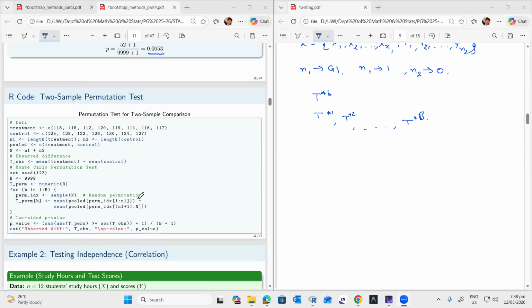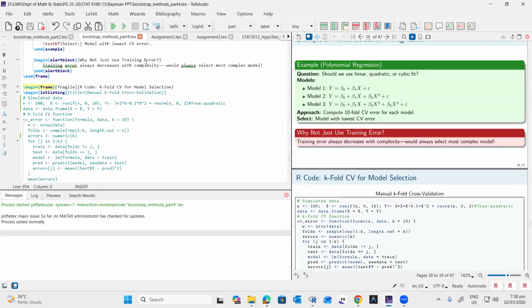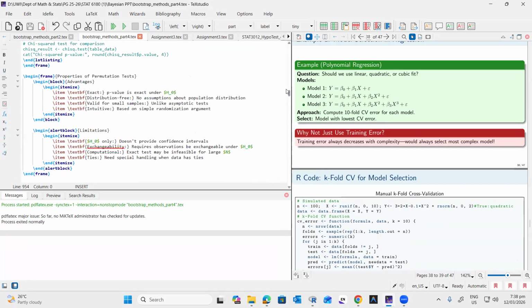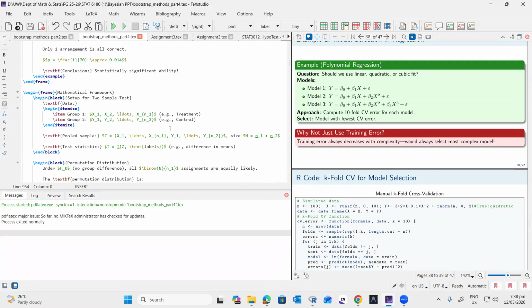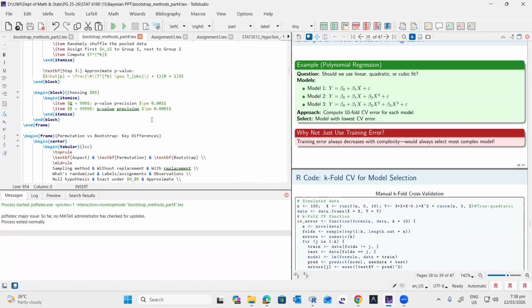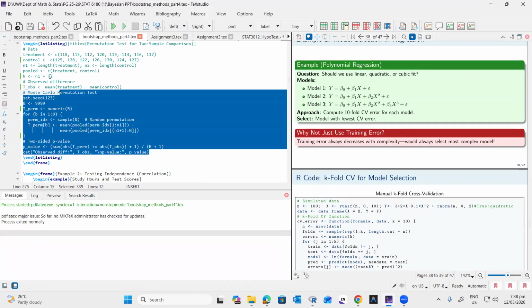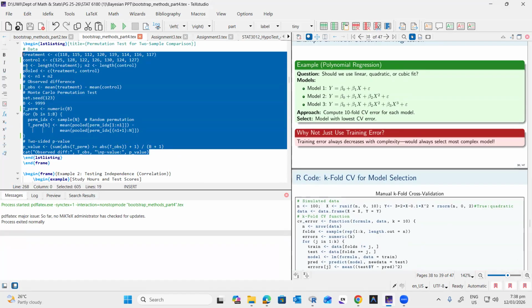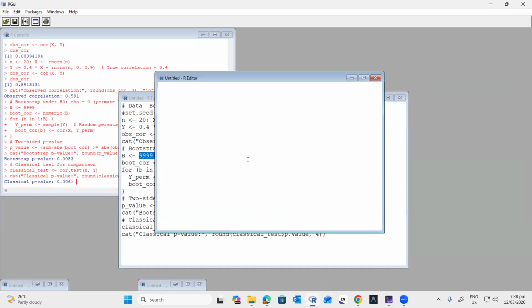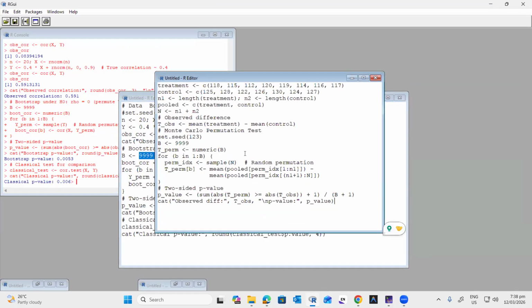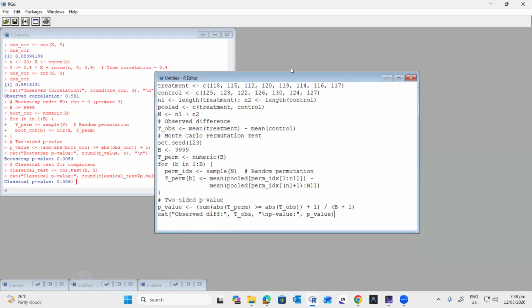So here is the R code for this problem. This is the R code for the given example.